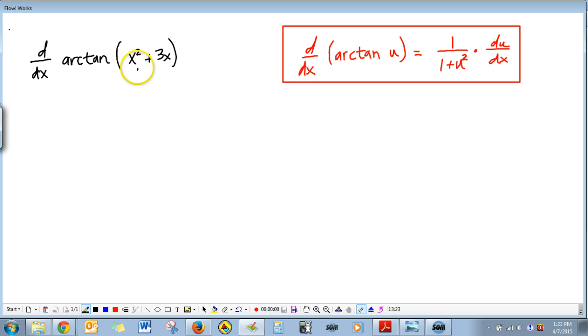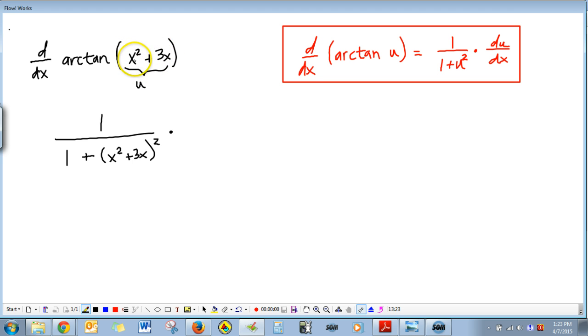So the derivative of arctangent, and now this is going to be our u, right? The derivative of this arctangent is going to be 1 over 1 plus, and then this whole part squared, so x squared plus 3x squared, times du dx, so the derivative of the inside.